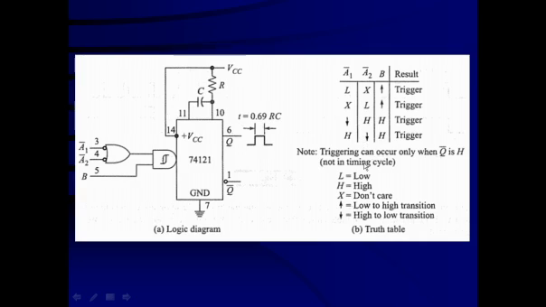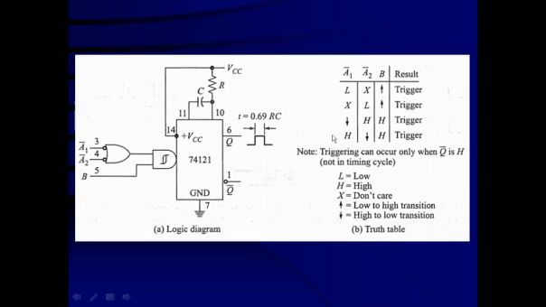So if you want to operate as negative triggered, the input must be given at either A1 bar or A2 bar. That means pin number 3 or pin number 4 is utilized for negative transition, and pin number 5 of this IC is utilized for the positive transition.